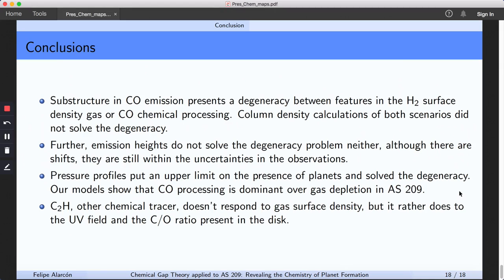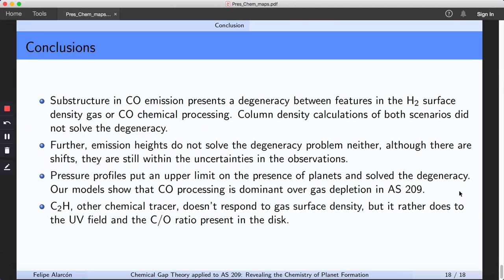So the conclusion of our work: CO emission presents a degeneracy between either features in the H2 surface density or some chemical processing in the disk. Column density calculations of both scenarios did not solve the degeneracy, neither did the emission heights.